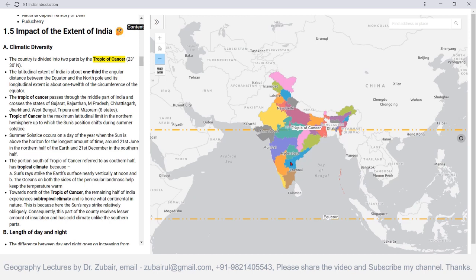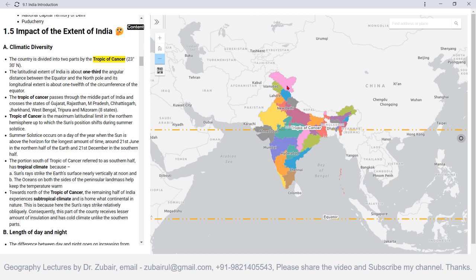So in southern India, the sun rays are not slanty, they are vertical. Here, throughout the year, the temperature is high, but in the northern part, north of the Tropic of Cancer, for 6 months the temperature is high and for 6 months it is low. Within those 6 months, as you move up, the temperature decreases more.